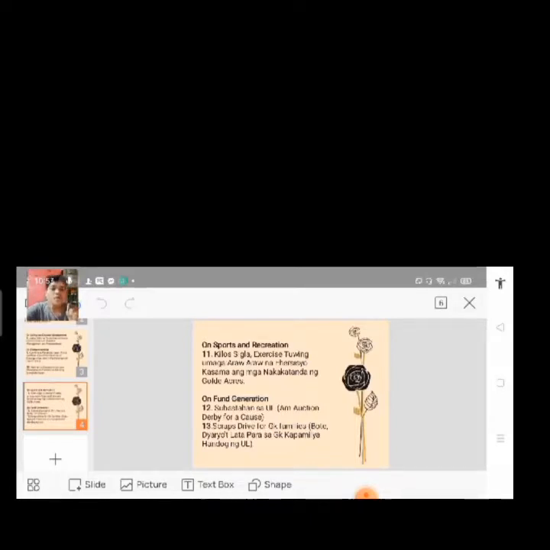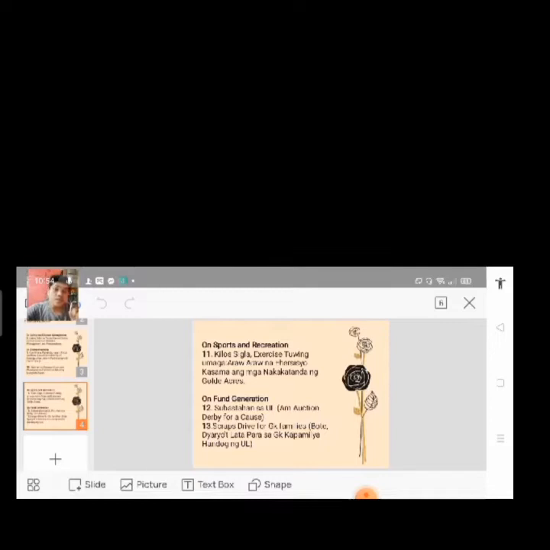On foundation generation. Number 12, subastahan sa UL, auction for a host. Number 13, lastly, scraps drive for GK families, botelya at lata para sa GK kapamilya handog UL.